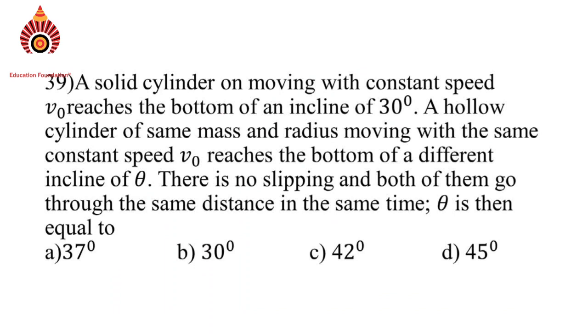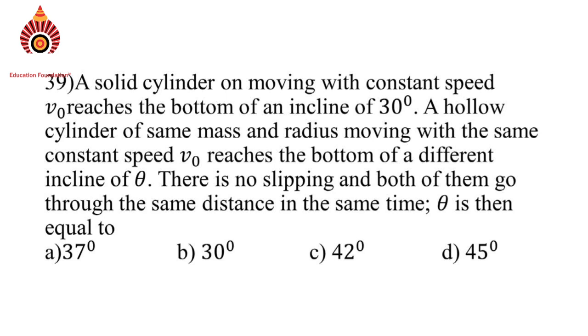Question number 39. A solid cylinder moving with a constant speed V0 reaches the bottom of an inclined plane of 30 degree. A hollow cylinder of same mass and radius moving with the same constant speed V0 reaches the bottom of a different inclination of theta. There is no slipping and both of them go through the same distance in the same time, then theta is asked.